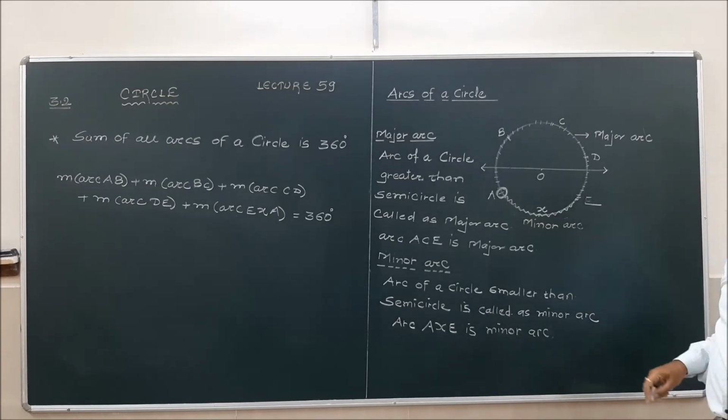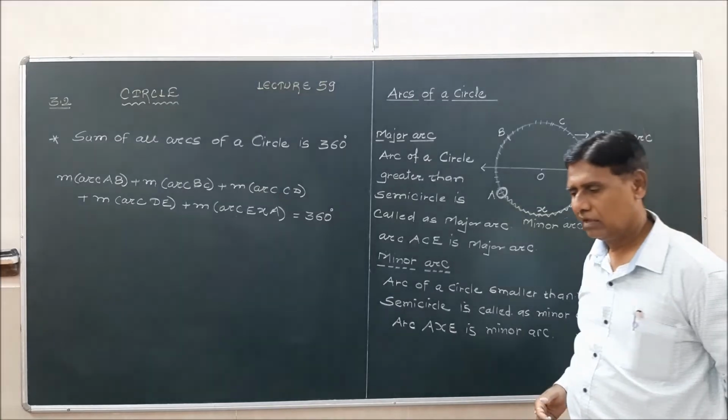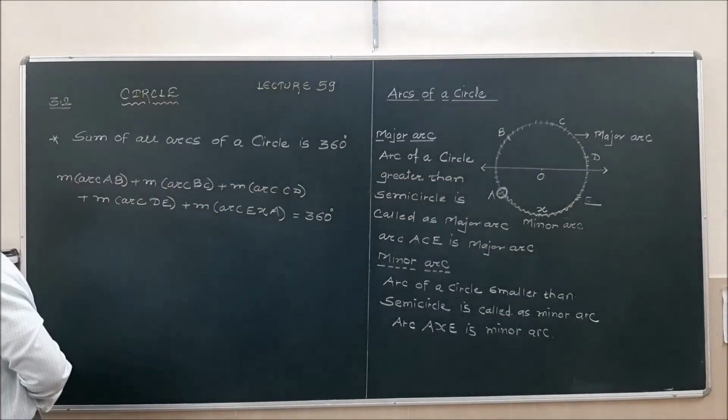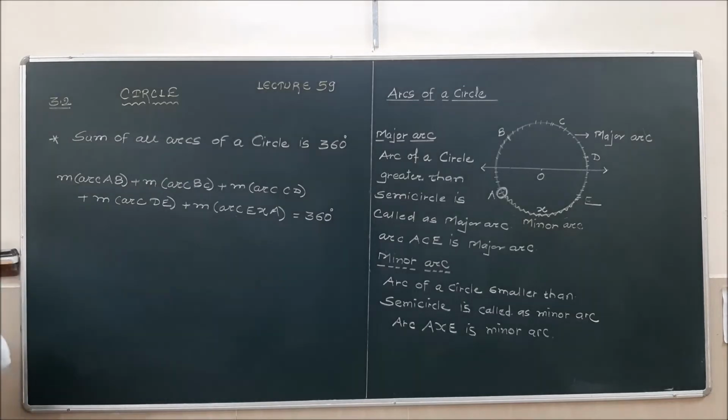So this way you must learn addition of the arcs also, how their additions take place and how we get the answer. The next is theorem on page number 61. I'm going to explain it again now.